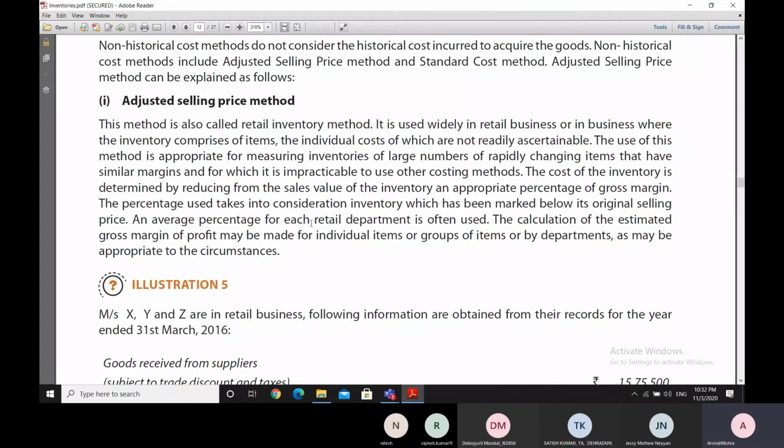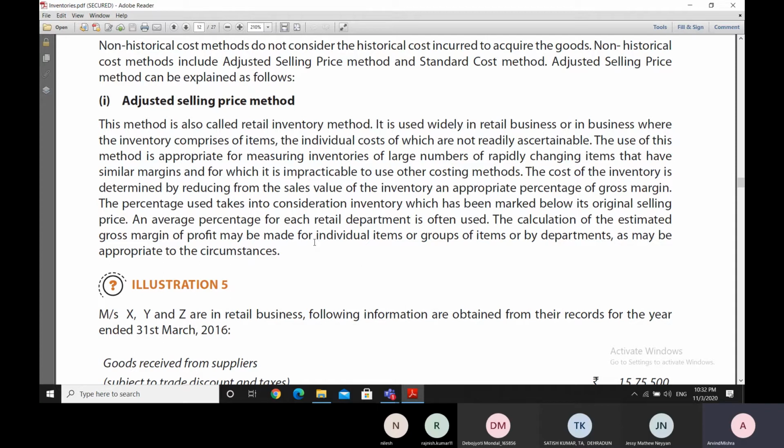An average percentage for each retail department is often used. Every retail department understands the percentage of margin at which the items in that particular retail department or retail section can be sold. The calculation of the estimated gross margin may be made for individual items or for groups of items.